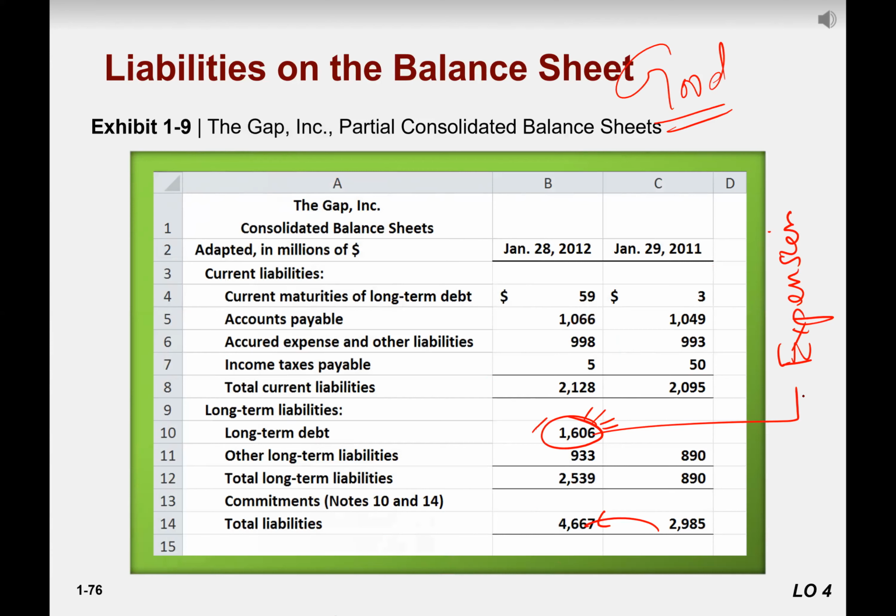If they have written that we are having some trouble paying the salaries, we don't have that much cash right now, so we ask for a loan from the bank to pay salaries, then you can say that it is bad, very bad in fact, because you don't have the cash to pay the employees' salaries.